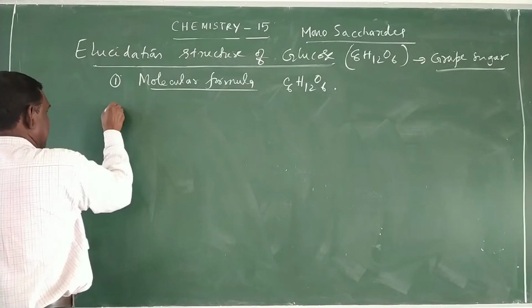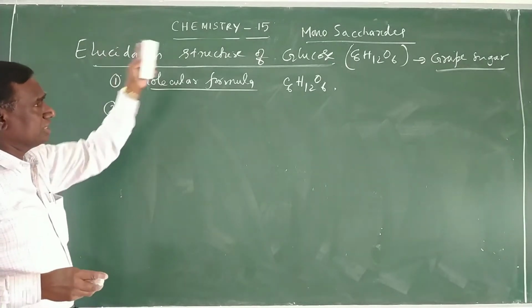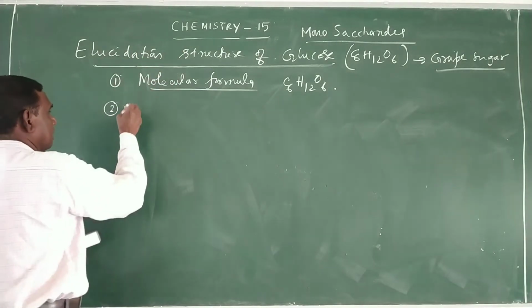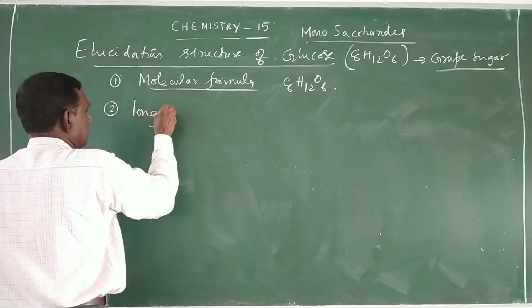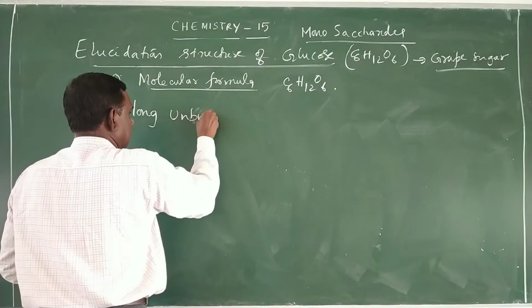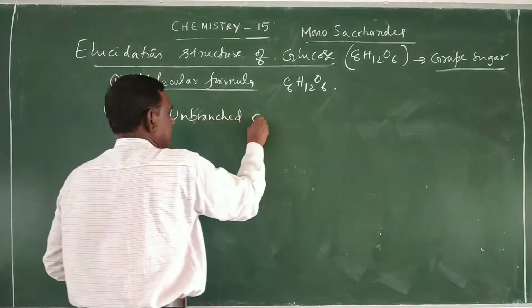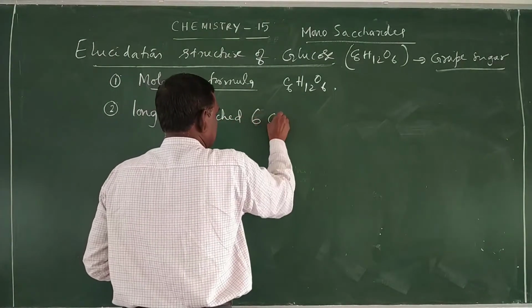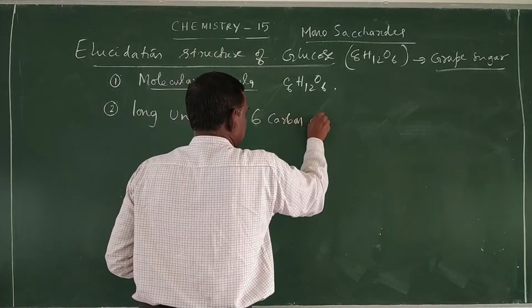Next, the second one: glucose contains a long, unbranched 6 carbon chain.